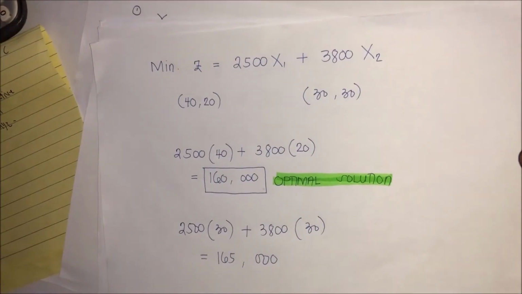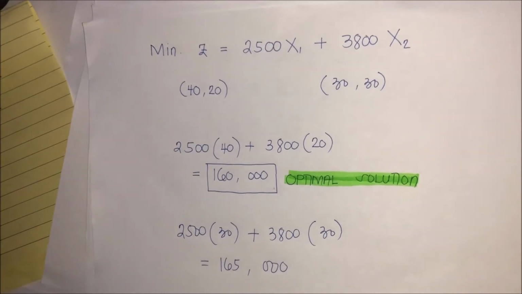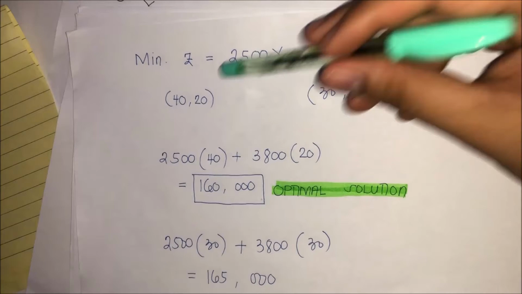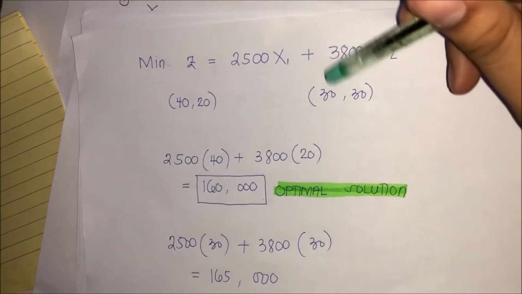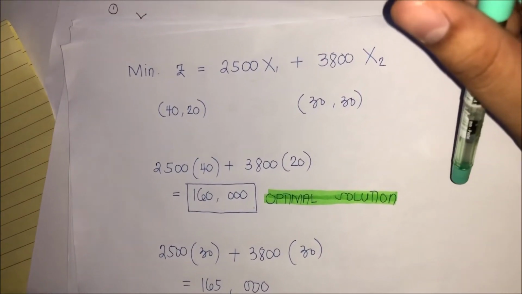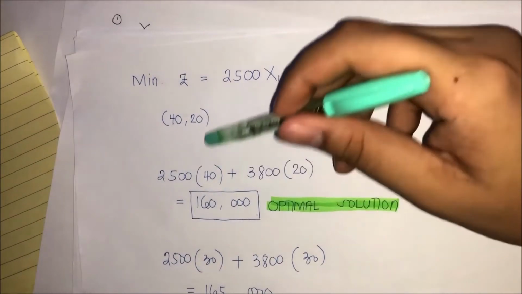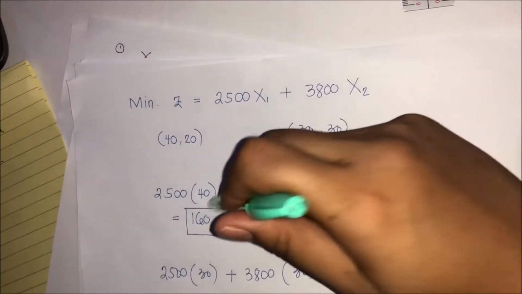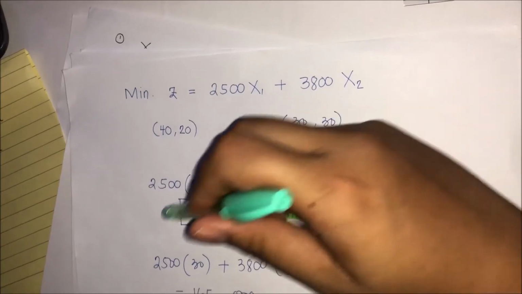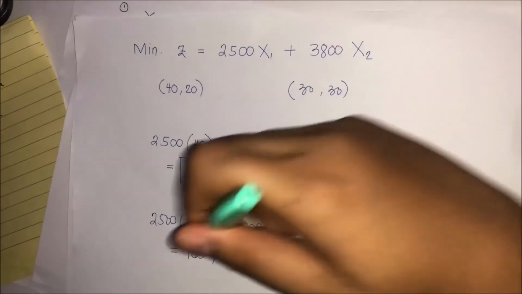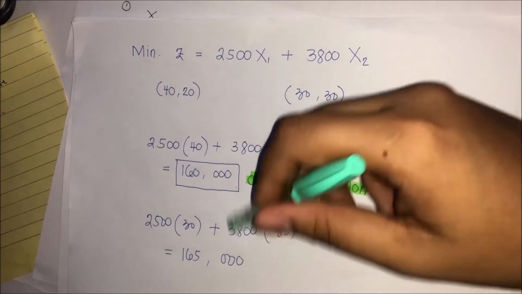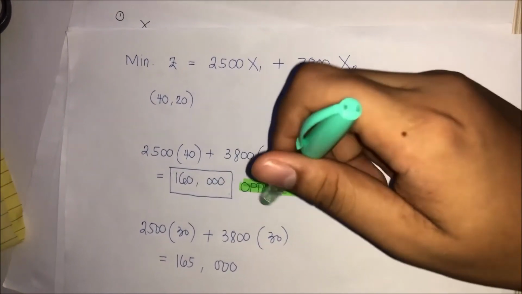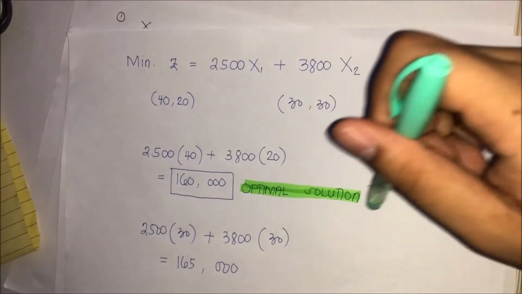Since we have obtained the coordinates of the endpoints, we substitute them in the objective function to get the minimum faculty wage. Substituting 40, 20 gives 160,000, while 30, 30 gives 165,000. We chose 160,000 since the objective is to minimize the total faculty salary.